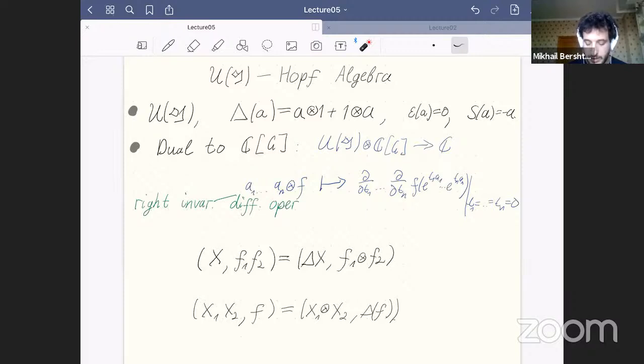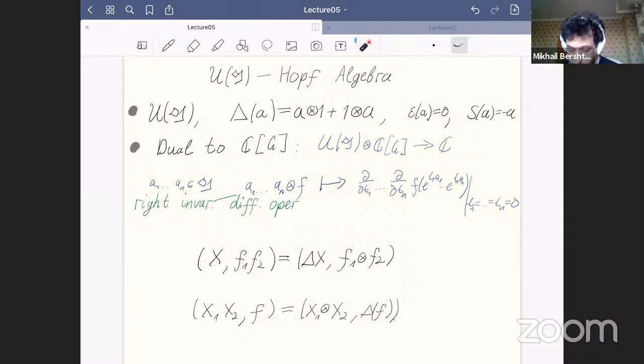So if we take any element of U of G, it is a linear combination of the products A1 through AN, where all these A's belong to the Lie algebra. Maybe I can write.